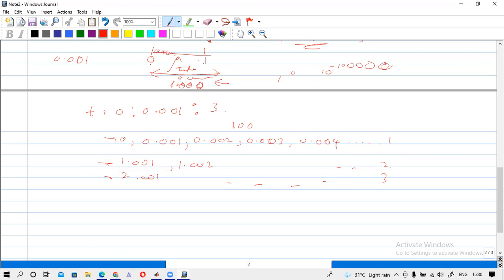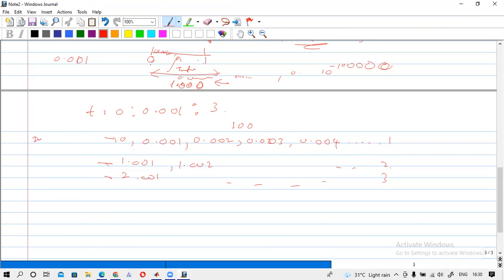But we select them at very near points. So actually these are discrete, but we can see them as continuous, because the difference between two values is very small.